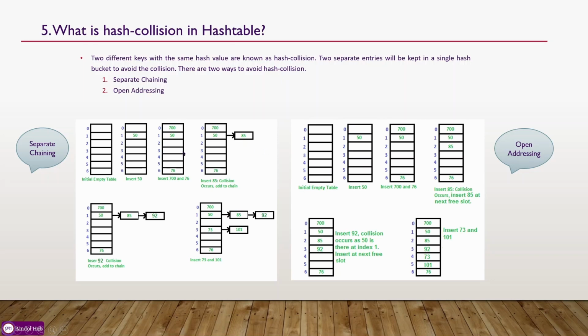But the advantage of separate chaining is that you try to use this hash map very efficiently, because if they are under the same bucket, you are just creating a linked list, and you can just keep on increasing the size of the hash map without any issues.